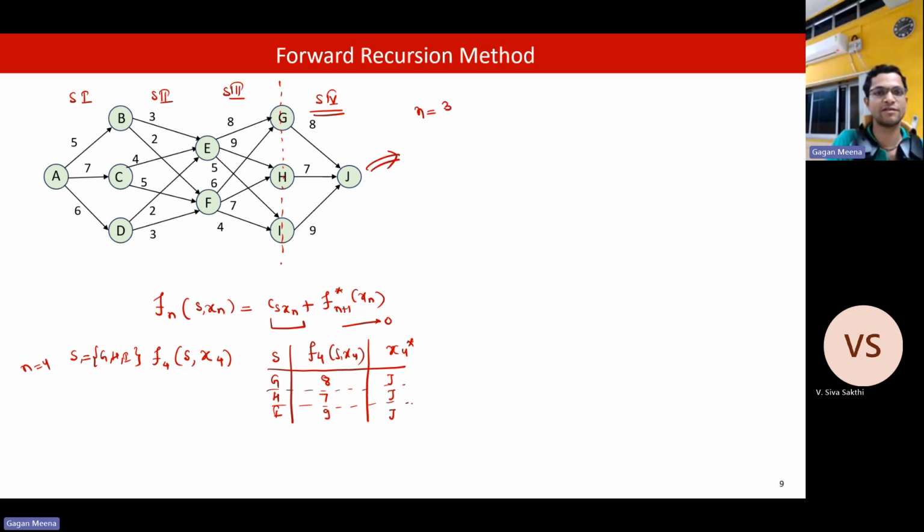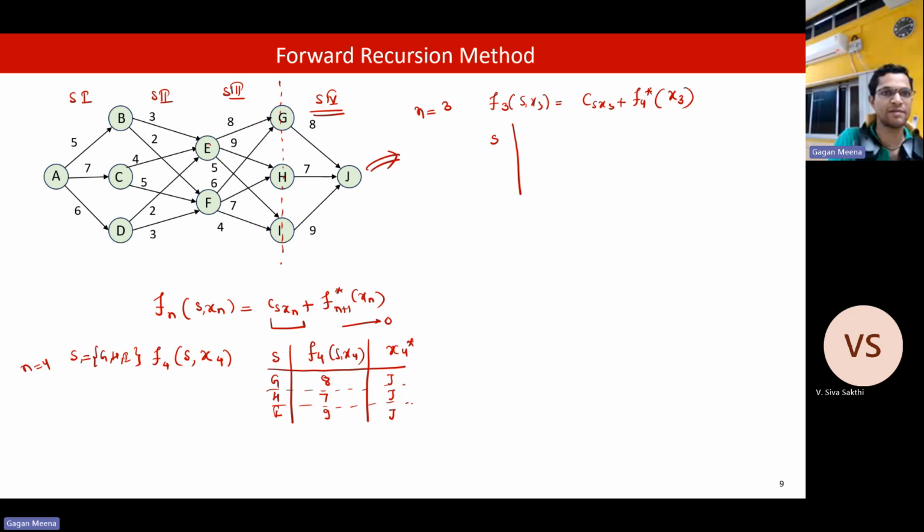Similarly, for n equals 3, we can write F3 of S as the minimum of C(S, X3) plus F4. Now we know this F4.